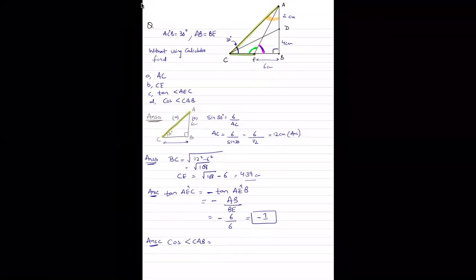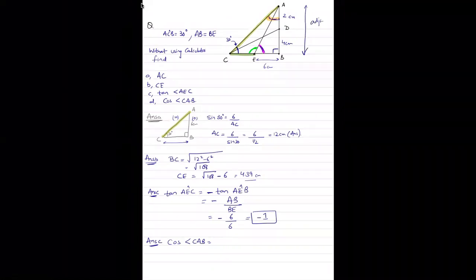I need to find the cosine with respect to this angle. So with respect to this angle the cosine is a ratio of adjacent upon hypotenuse. So this length AB will be my base or adjacent with respect to this angle, and AC is going to be the hypotenuse.